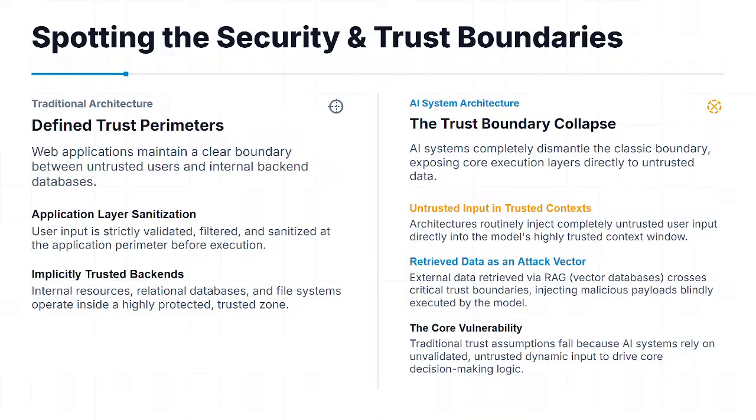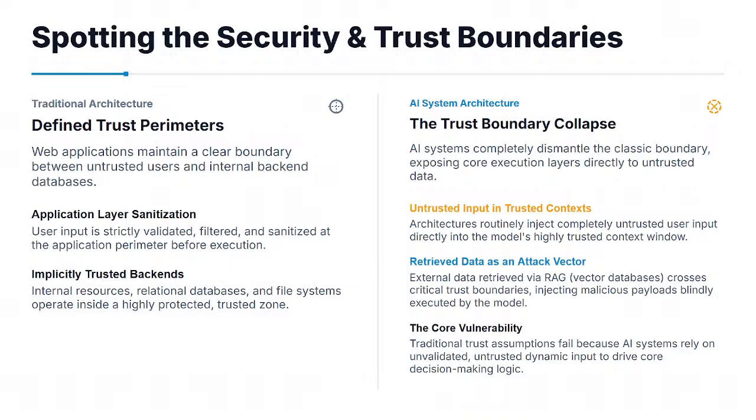So in traditional system architecture, the application layer sanitization usually involves things like strictly validating the user input, ensuring you filter and sanitize it before execution. But we always believe that the backend is meant to be trusted no matter what.